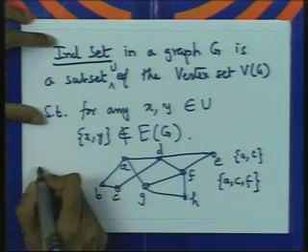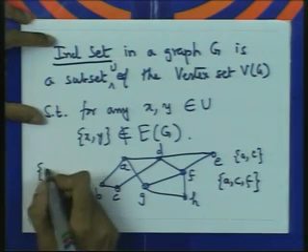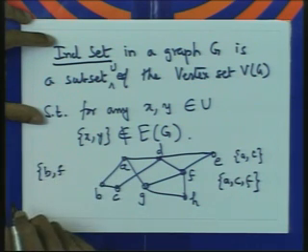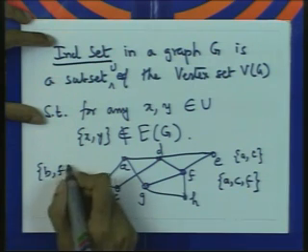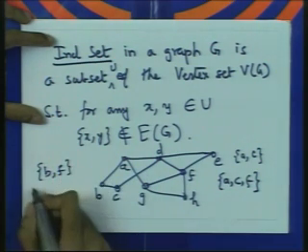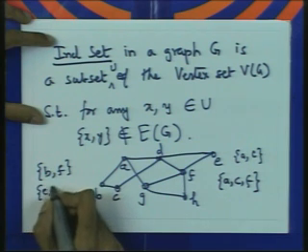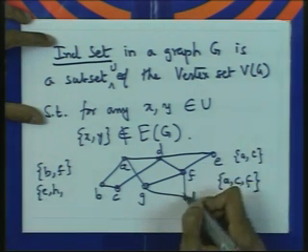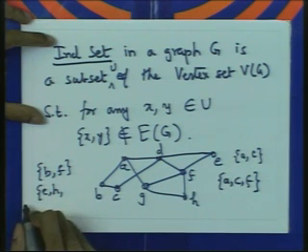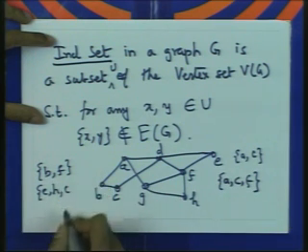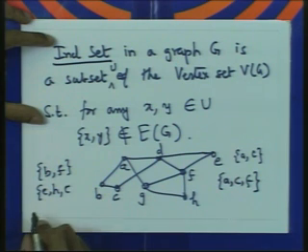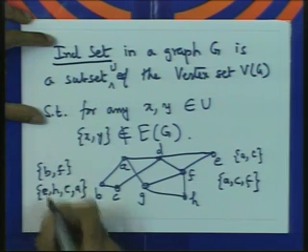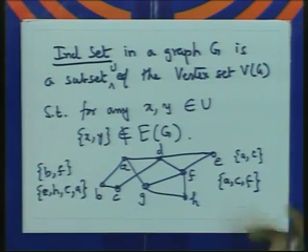Similarly, let me put one more: B and F. If I have B and F, this is an independent set. I could have E, H, and then C and A. That's an independent set: E, H, C, and A. So I have listed out four.